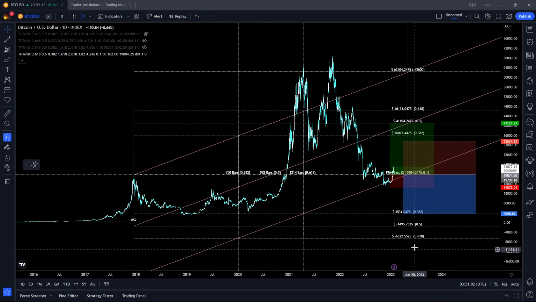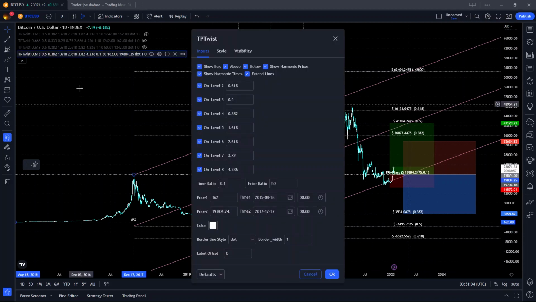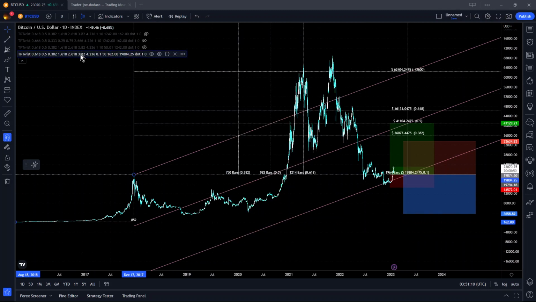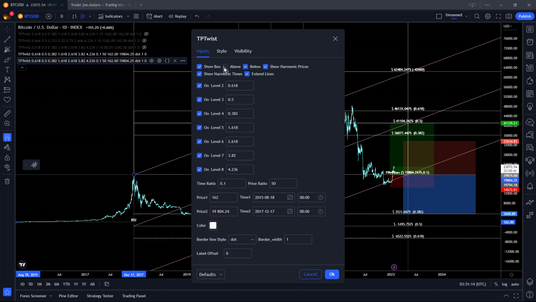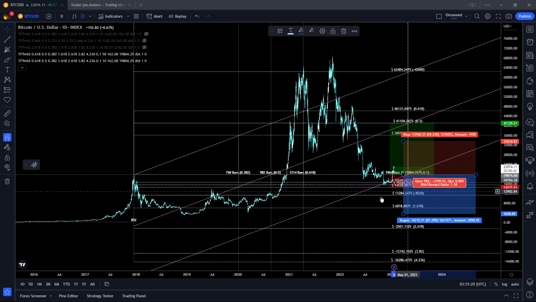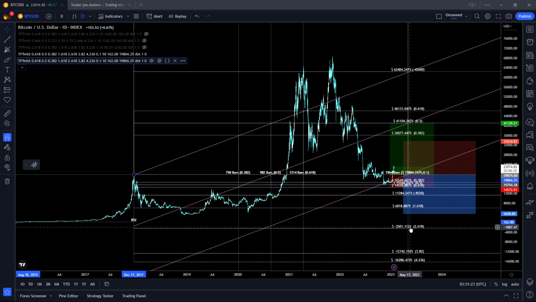So maybe we want to see what this looked like if we take this and we get rid of the below section. We copy and paste it. Add the below alone, remove the above. And now I'm going to take that and set it to $10 per degree. And now we're seeing that tinier range that used to exist within this geometry.